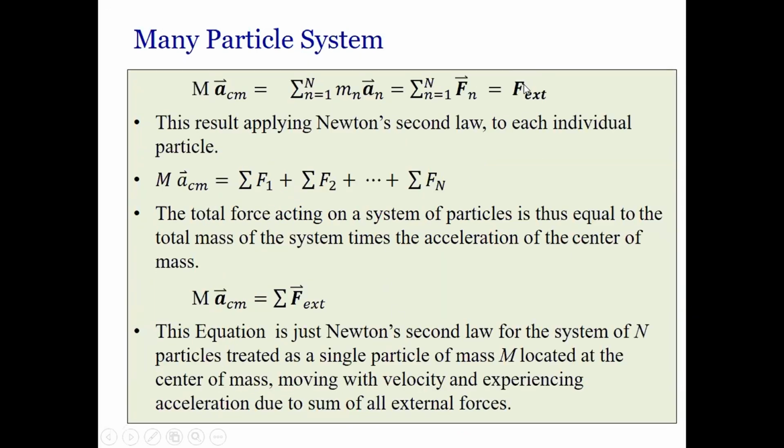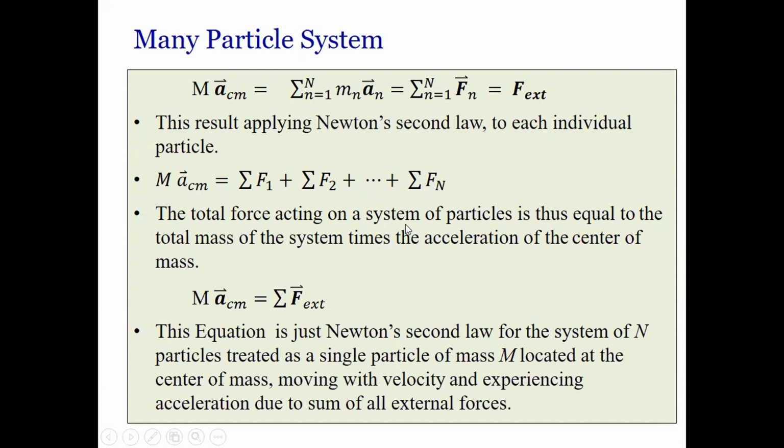So the net force can be the external force because internal forces will cancel each other. The result is applied and can be used, and we have seen here that Newton's second law is applied for the individual particles. Then the center of mass acceleration is given by the net forces on particle 1, net forces on particle 2, net forces on particle 3, and so on.